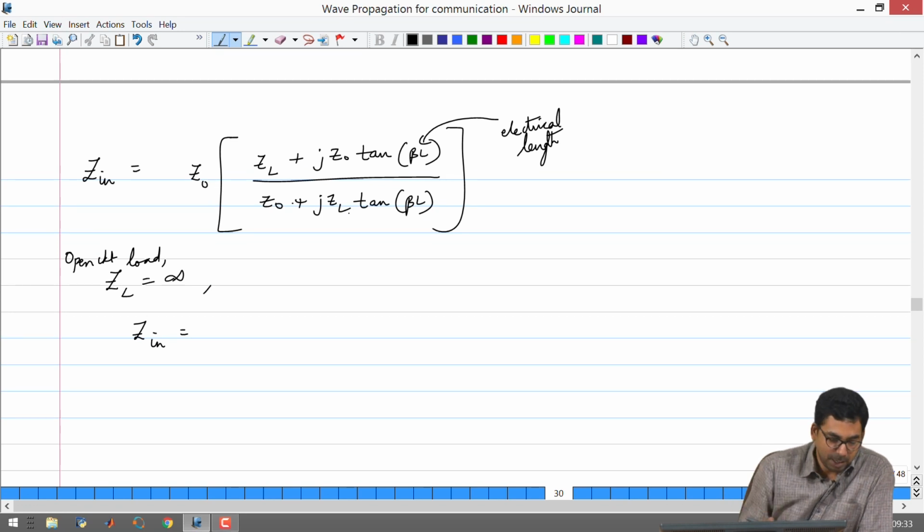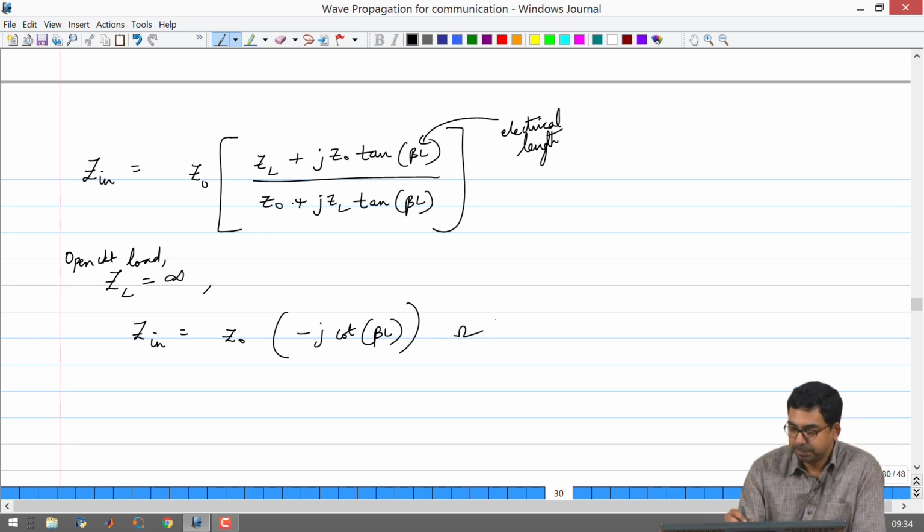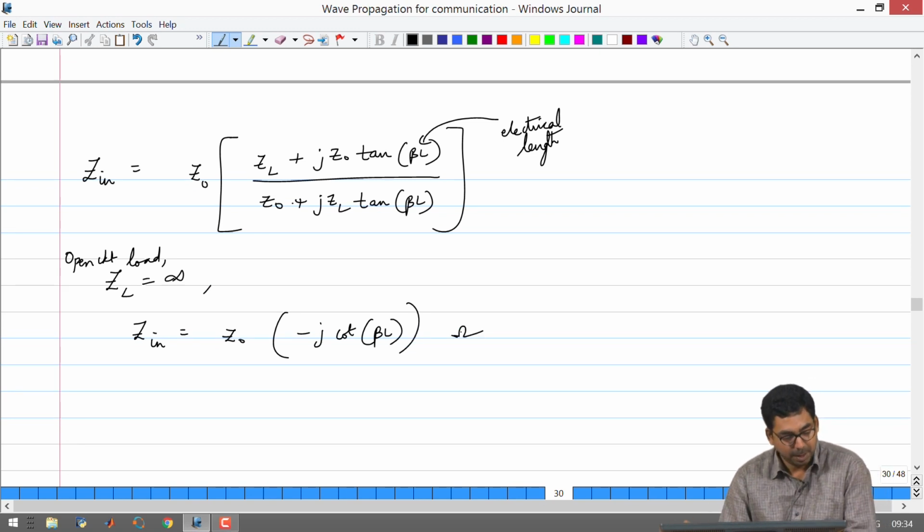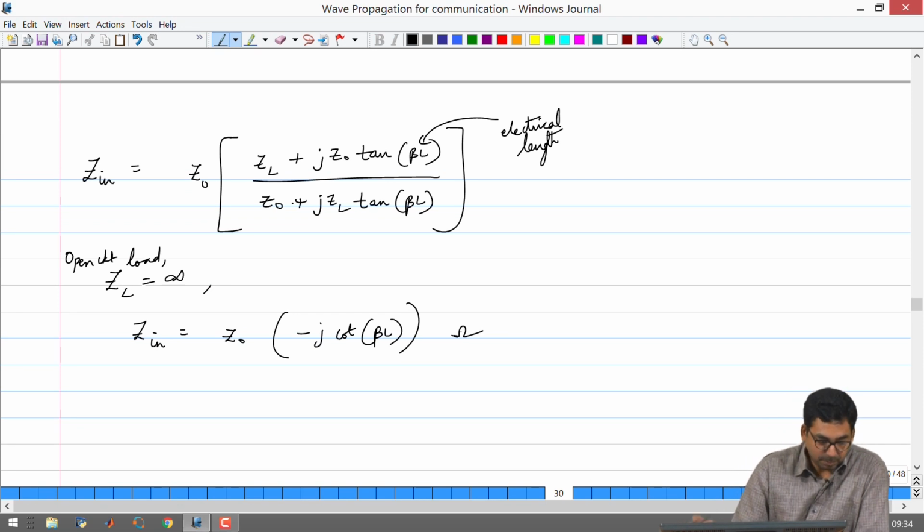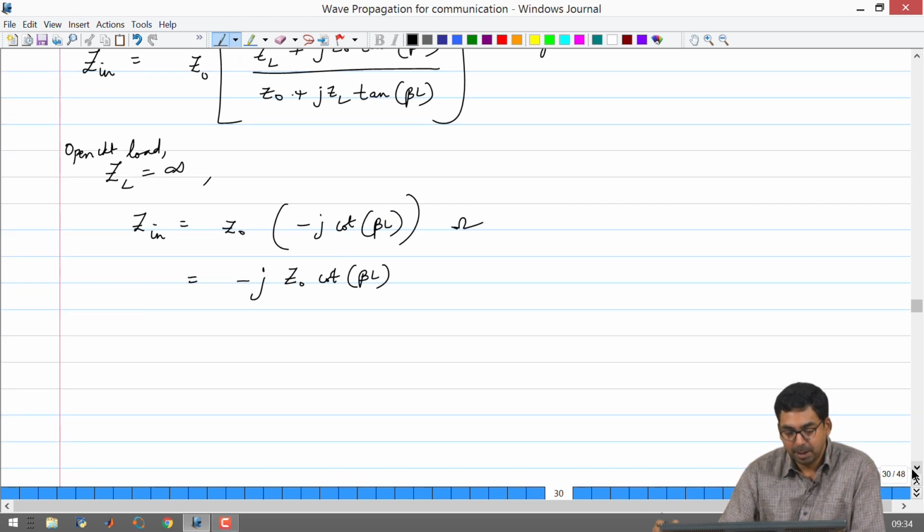So, if you do that, you will have Z naught minus j cotangent, also one can say that it is minus j Z naught cotangent of beta L, which is once again a very complicated expression.